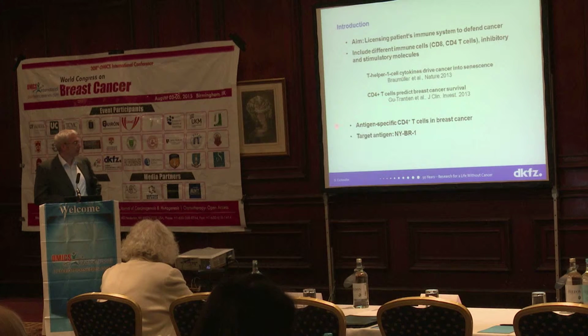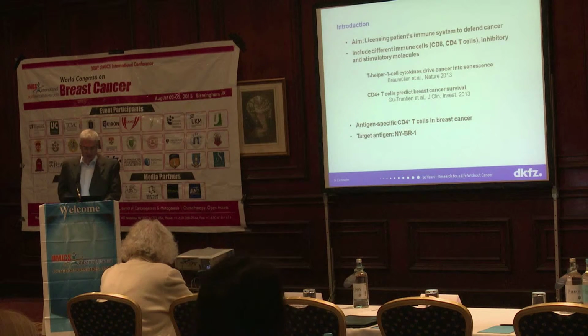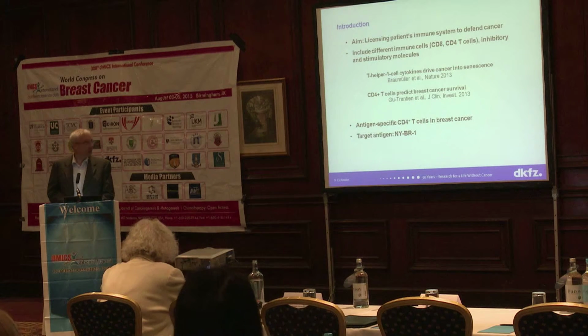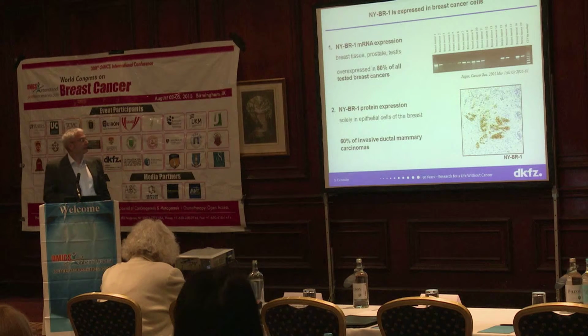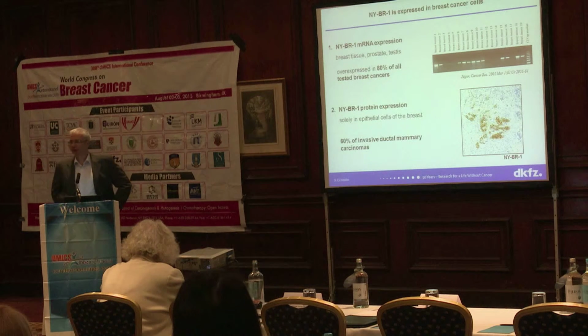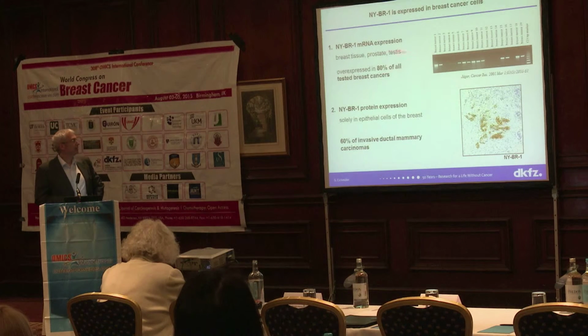So this talk will focus on antigen-specific CD4 T cells in breast cancer, and the antigen I'm working on here is New York BR1. This is a differentiation antigen. It's expressed in breast cancer, and there is a study showing that at least on mRNA level, about 80% of the breast cancer specimen are positive for New York BR1.